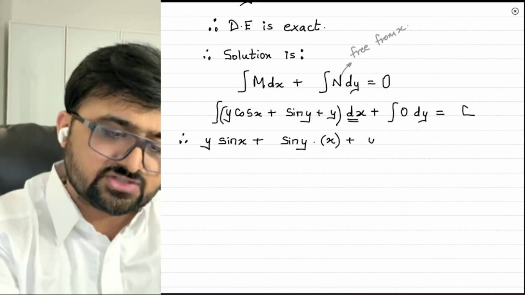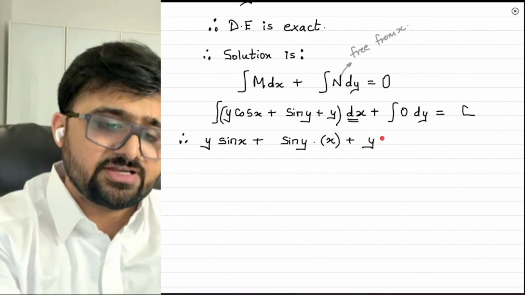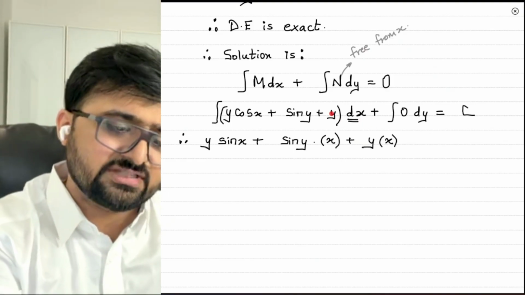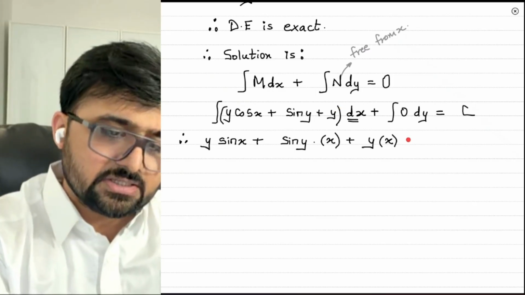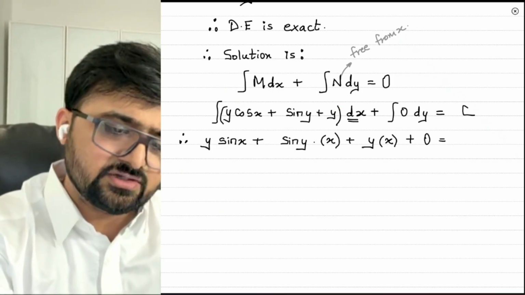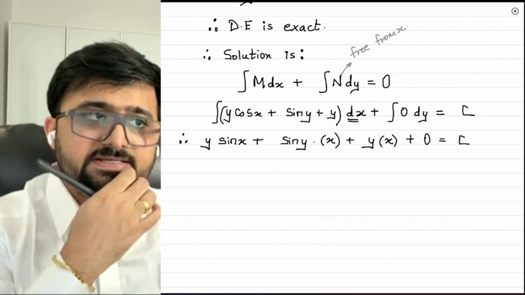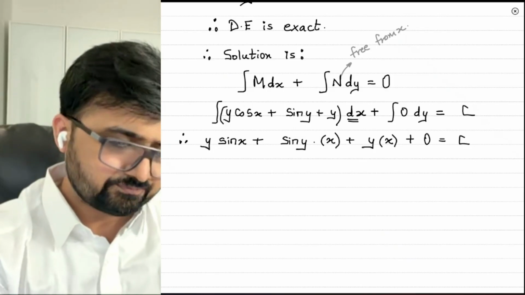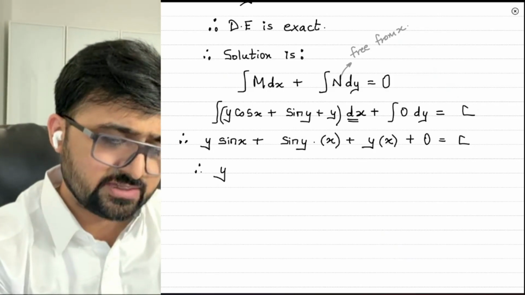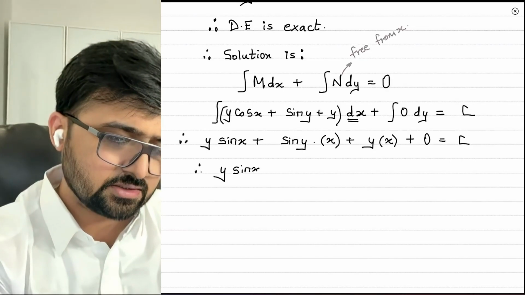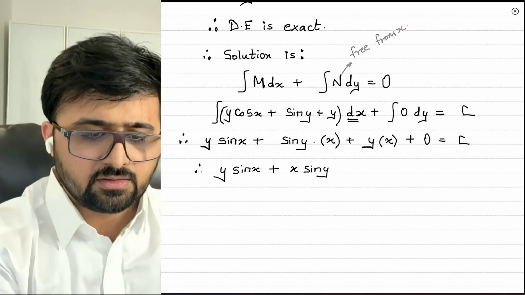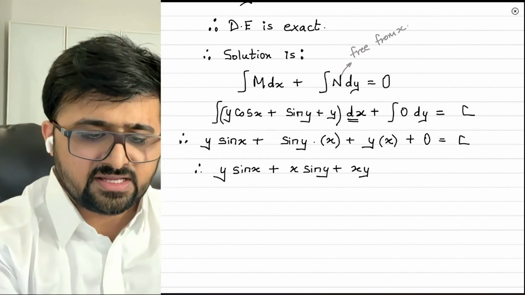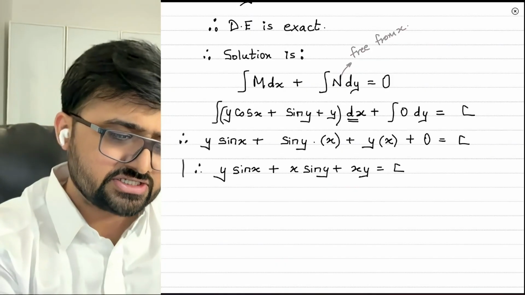Y is constant, so integration of 1 is nothing but x. Plus 0 is equal to the constant of integration c. Therefore, your solution will become y sin x plus x sin y plus xy is equal to the constant of integration c.